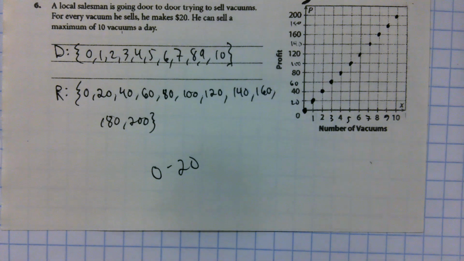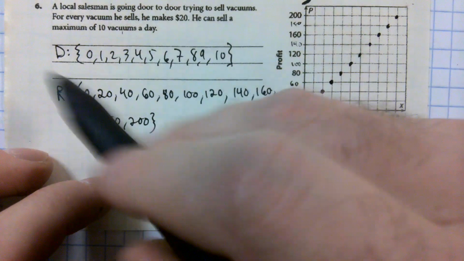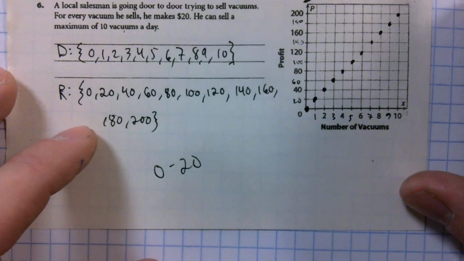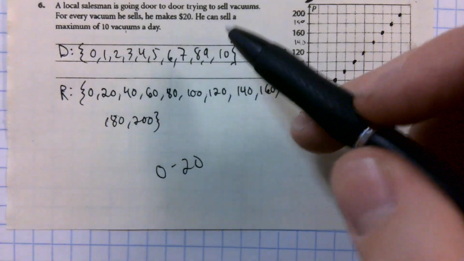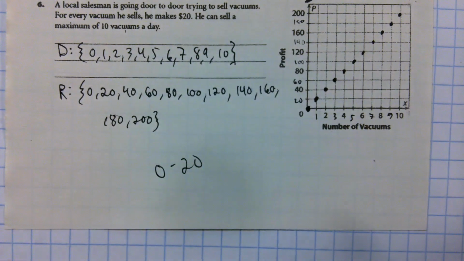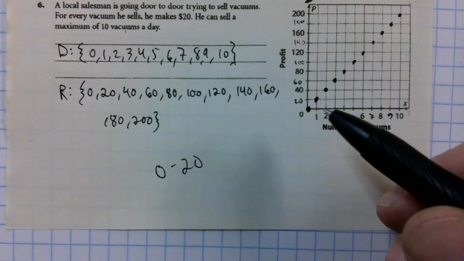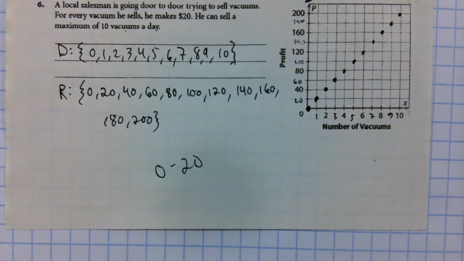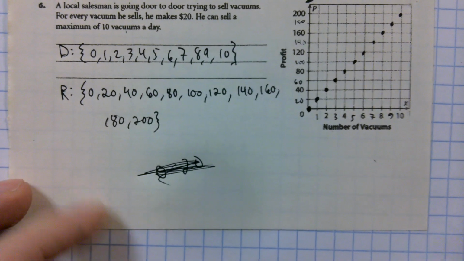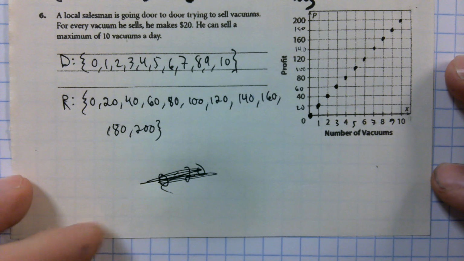You're like, oh, what if he's selling parts of the vacuums? It doesn't say anything about that. What if he's also selling, I don't know, candy? He could be selling anything. We can make up whatever we want, but it's not in the problem, so we can't. You could think about it, but it doesn't have anything to do with our work. And it's not going to be 0 to 20 because you can't make $5 selling these vacuums.